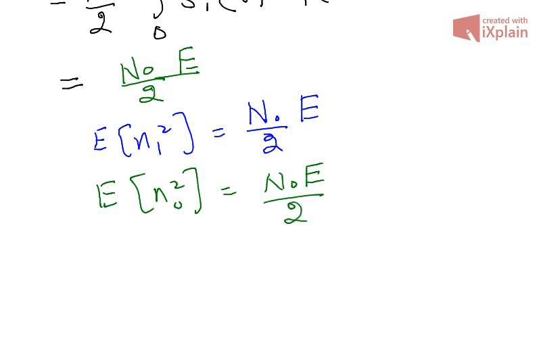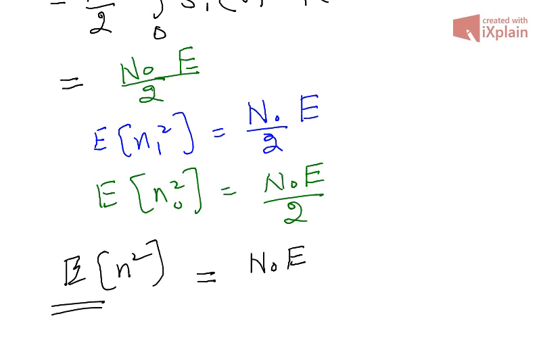Now, if you see the expected value of n squared, this is what we were interested in. It is equal to N0 times E over 2 plus N0 times E over 2, and the third term is 0.